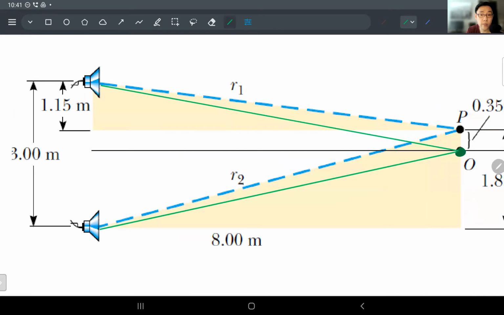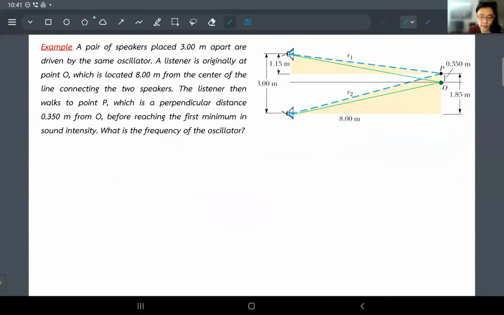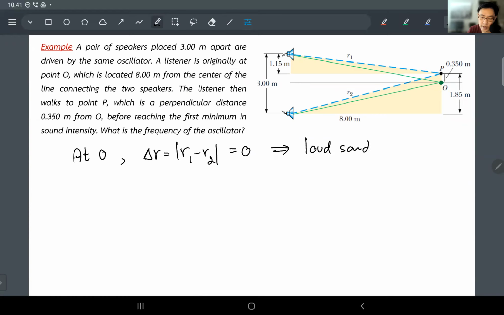So at O, delta R, I can put R1 minus R2, is going to be 0. So that means what you get over here is going to be a loud sound, and that means it's constructive interference. Does that make sense?